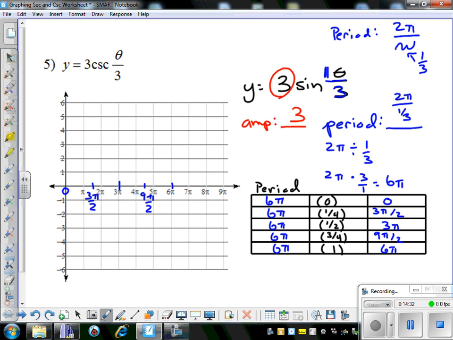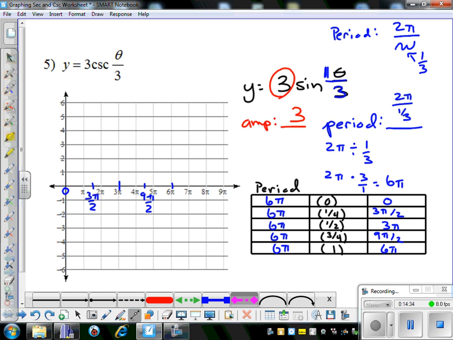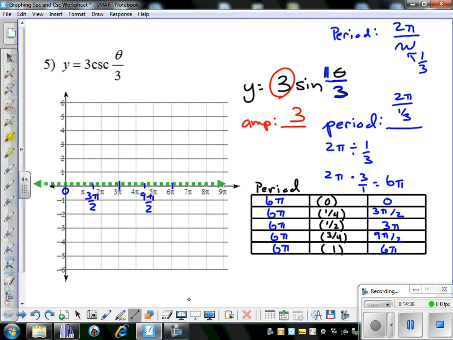We have no vertical shift here, so again, our midline will be right there on the x-axis. Our amplitude is 3, so we need to go up 3 and down 3. So up 1, 2, 3, down 1, 2, 3. So it gives us our top amplitude and our bottom amplitude points.